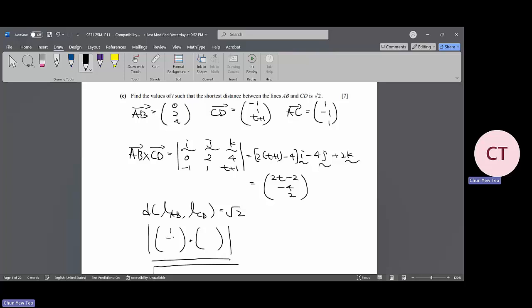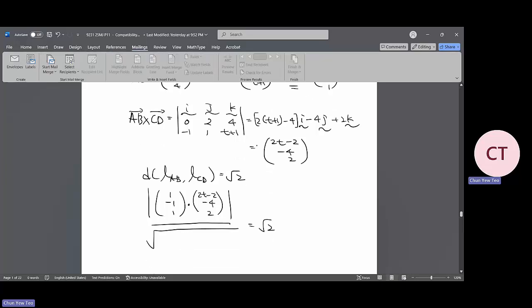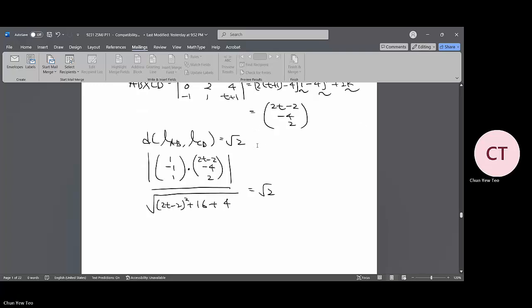AC is 1, negative 1, 1. Just take this AC, dot with the cross product that we have found just now. 2t minus 2, negative 4, 2 is equal to 2. And below here will be the magnitude. Okay, so this is what we have.